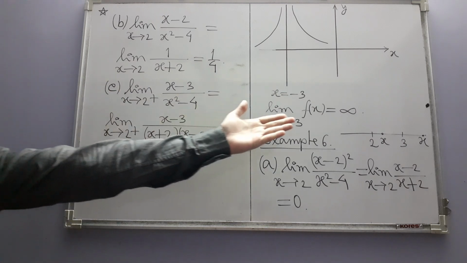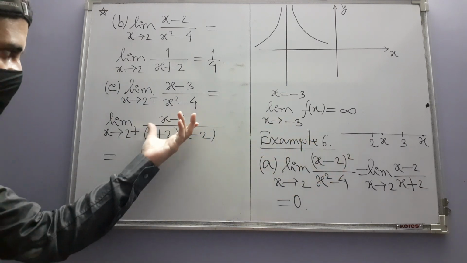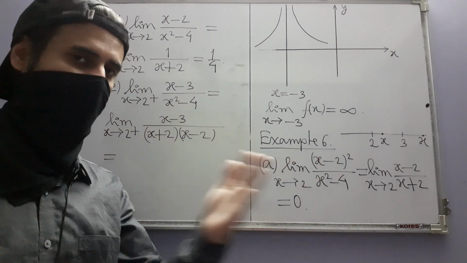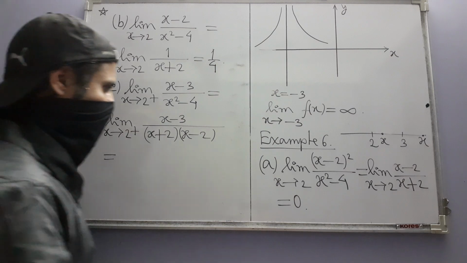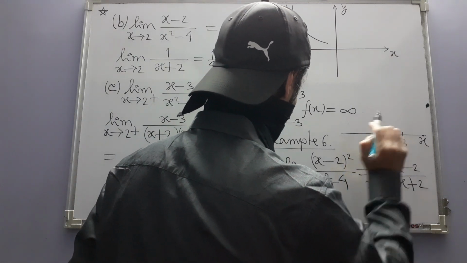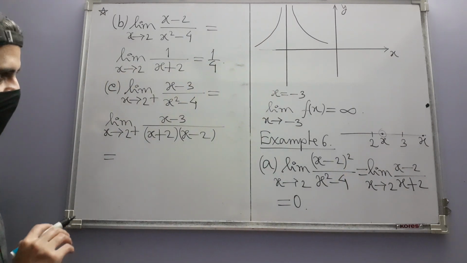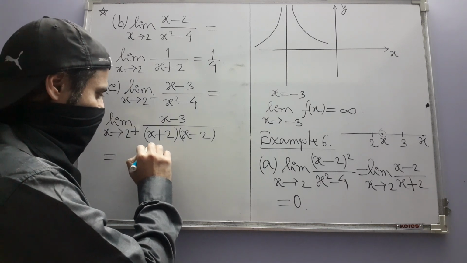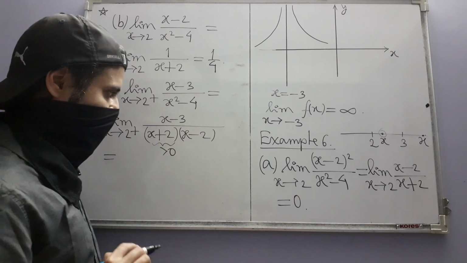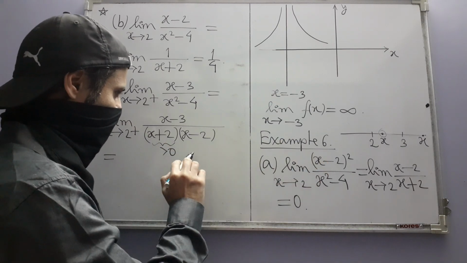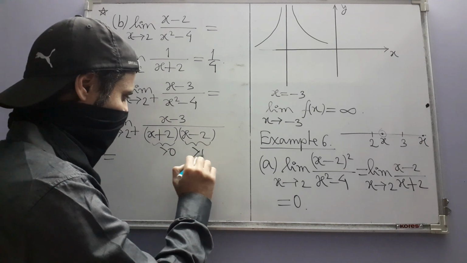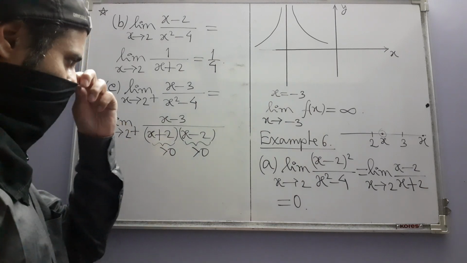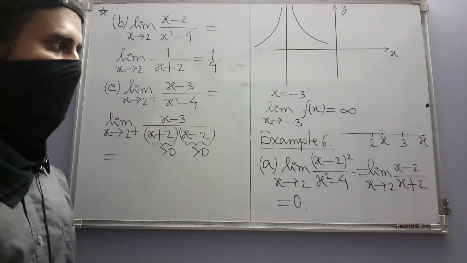For such values only, we are going to consider the ratio and see where the ratio values are approaching. So say you have some x value here. For that x value, x plus 2 of course is positive, right? What about x minus 2? x minus 2 is also positive. Why? Because 2 is less than x. But what is x minus 3?